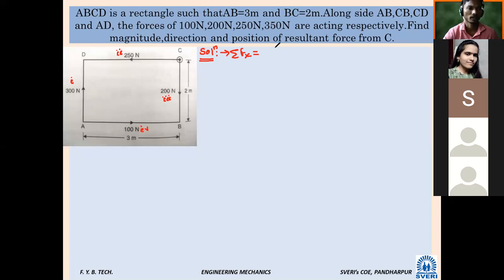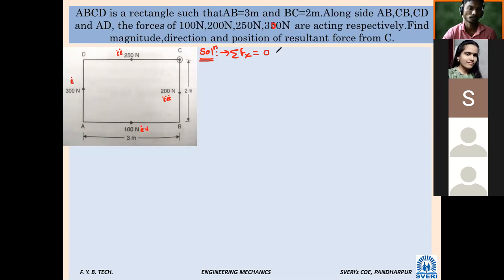Take 300, because here there are 100, 200, 250 and 300, so here it is 300. X component of the 300 Newton force number 1: 0. Yes, it will be 0.